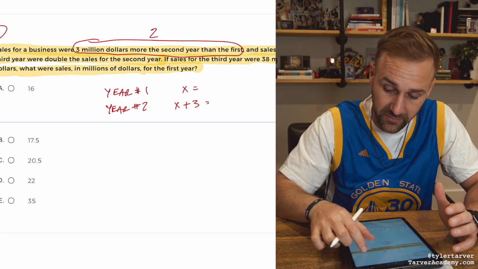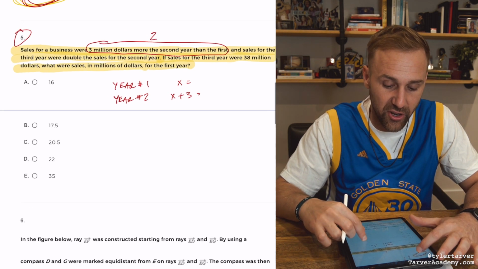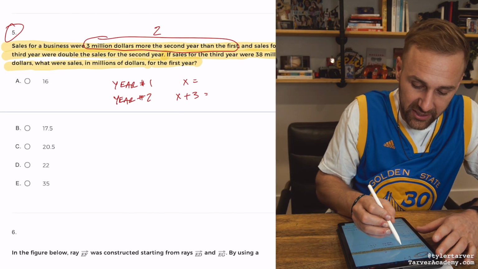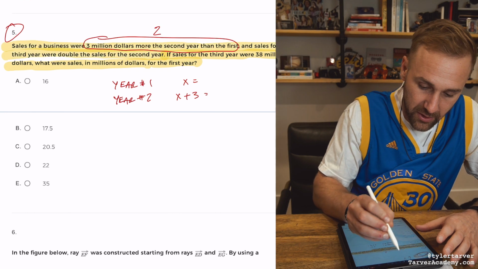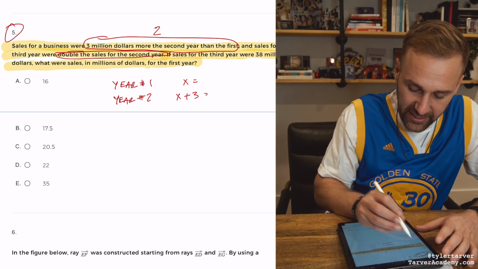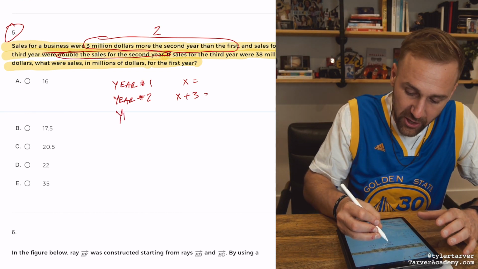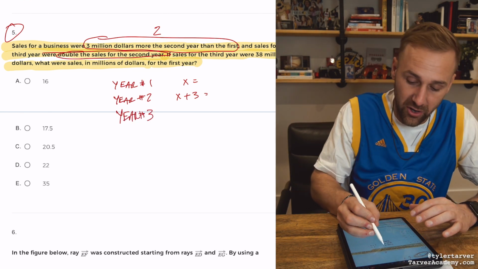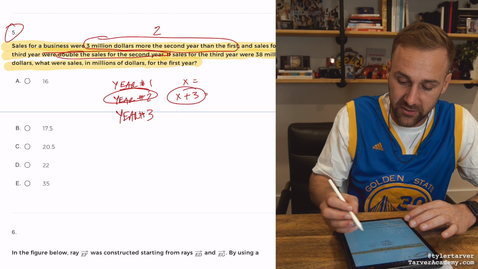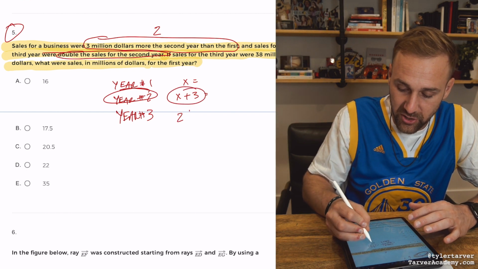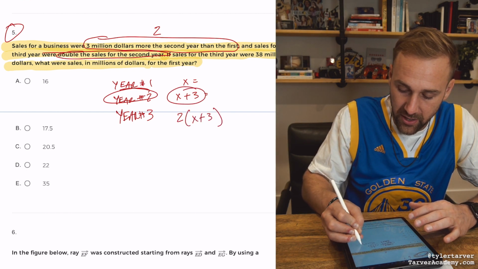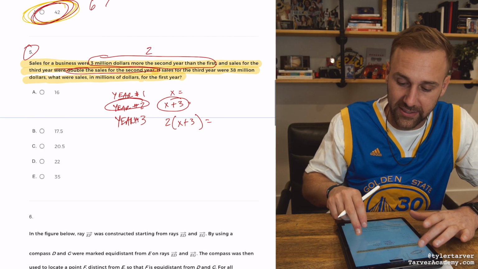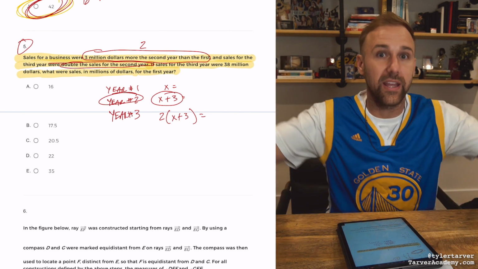Now you do. It says, and the sales for the third year were double the sales for the second year. So, for year three, we're gonna double year two, which we know was X plus 3. So, 2 times X plus 3. Right now we can't solve this problem.